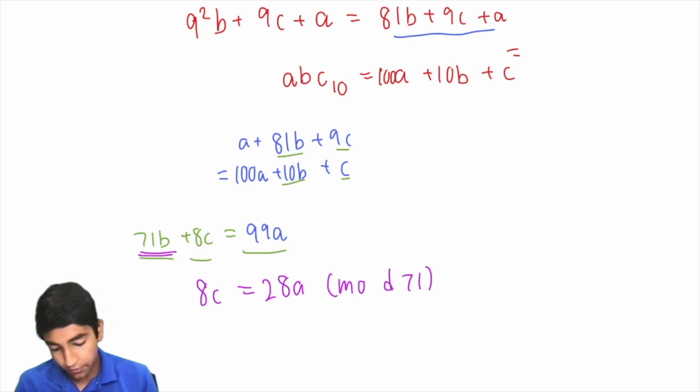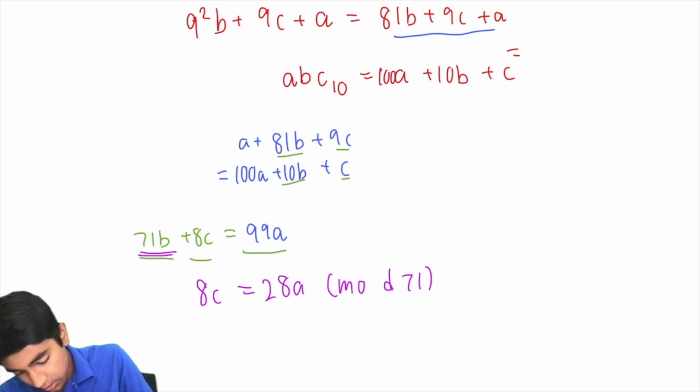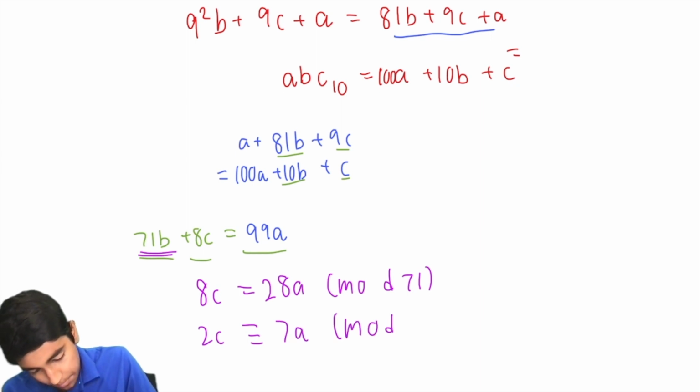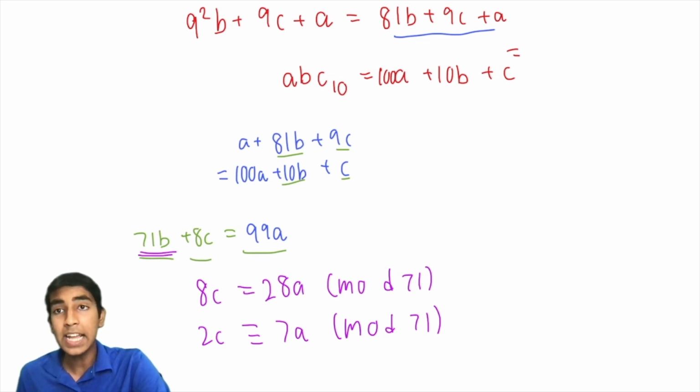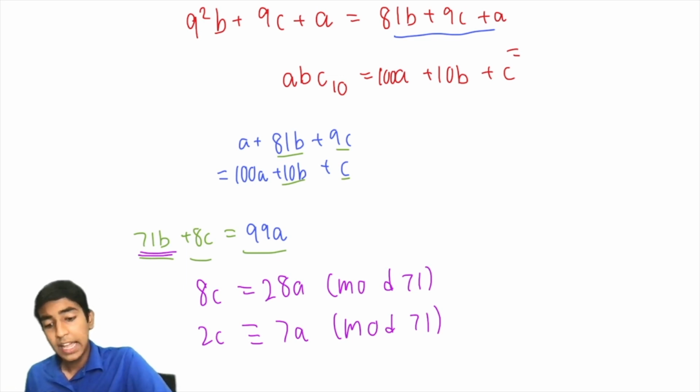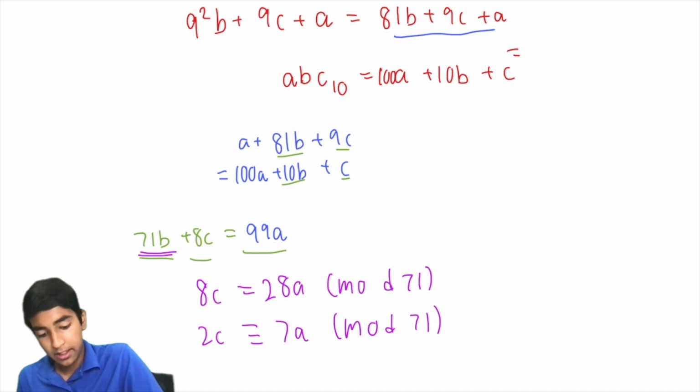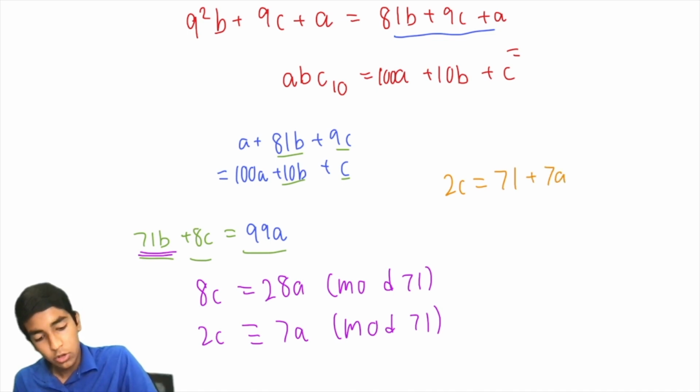So from here, we can divide out by 4 to get 2c is 7a mod 71. And does this mean 2c has to be equal to 7a? Well, if 2c is not equal to 7a, then 2c can equal something like 71 plus 7a, or 2c plus 71 is 7a.